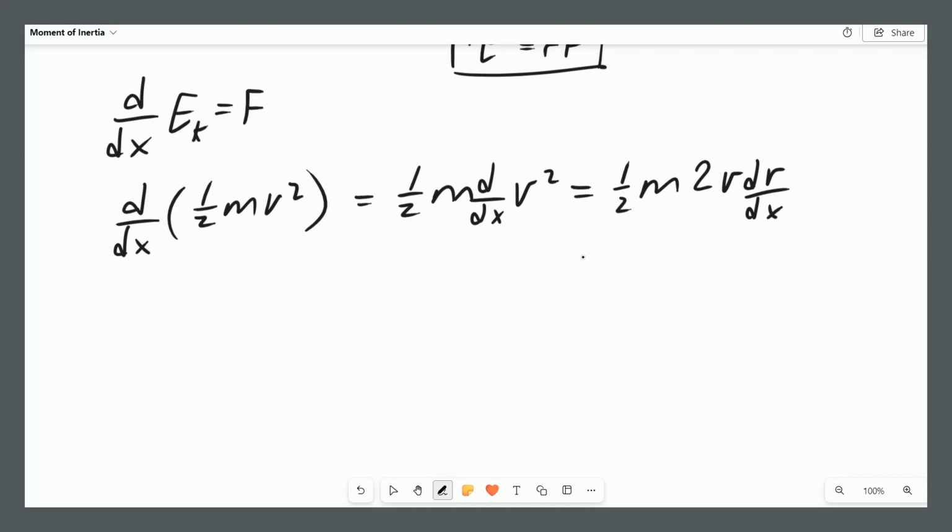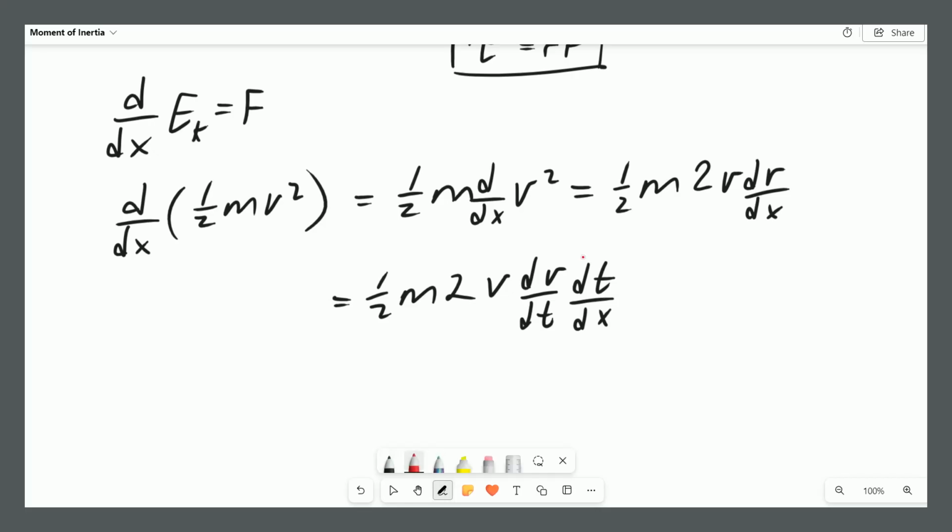And dv by dx we will write as dv by dt, dt by dx. And we notice that 1/2 cancels out the 2. dt by dx is the reciprocal of dx by dt, which is velocity. So we have this canceling out as well, and all we're left with is m times dv by dt. Well, dv by dt is a, right? Acceleration, mass times acceleration is force.